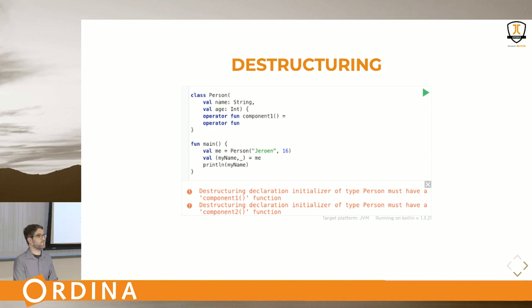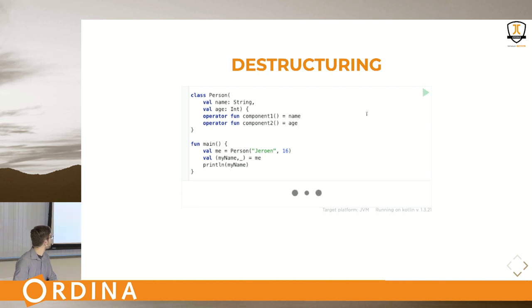And then we tell it what we want to give back as the first destructured argument. Well, it was our name. And the second one, you can do this for every thing you want to give back in your destructured object. And then we say it's age, and then this should work again. And it's working. You could also alter the sequence here.